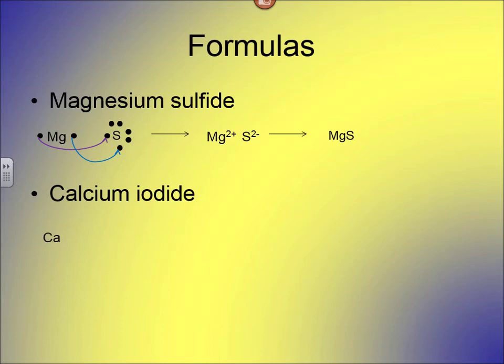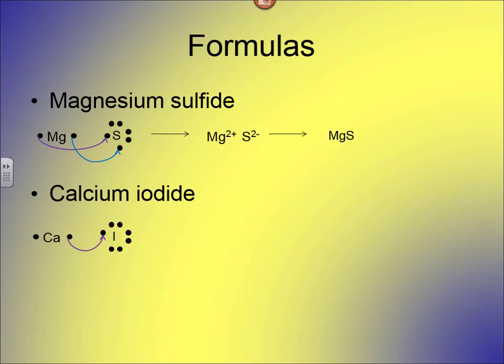How many electrons does calcium start with? 2. Iodine? 7. How many does calcium want to lose? 2. How many does iodine want to gain? 1. Wait a minute. So 1 hops over to the iodine, but calcium still needs to get rid of an electron.